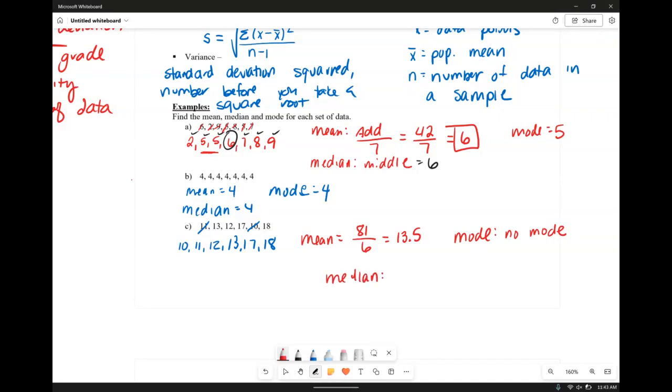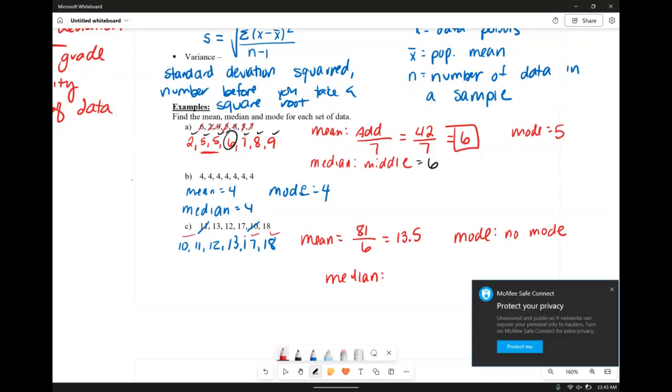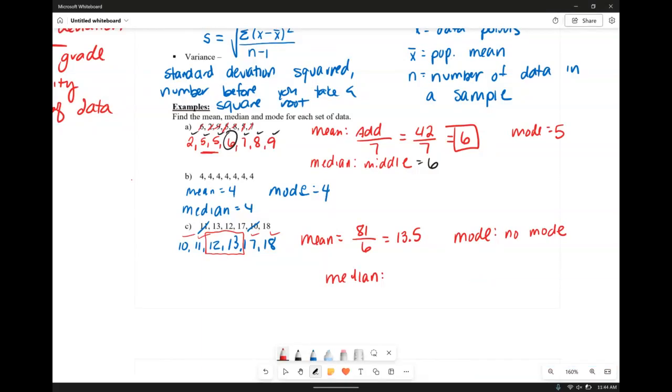All right, median. So now I'm just checking off the numbers as I go left to right. Try to find the middle. It looks like there's no number in the exact middle. I've got these 2 numbers that are in the middle together. So when that happens, we find the average between these two numbers, or find the number in the middle.